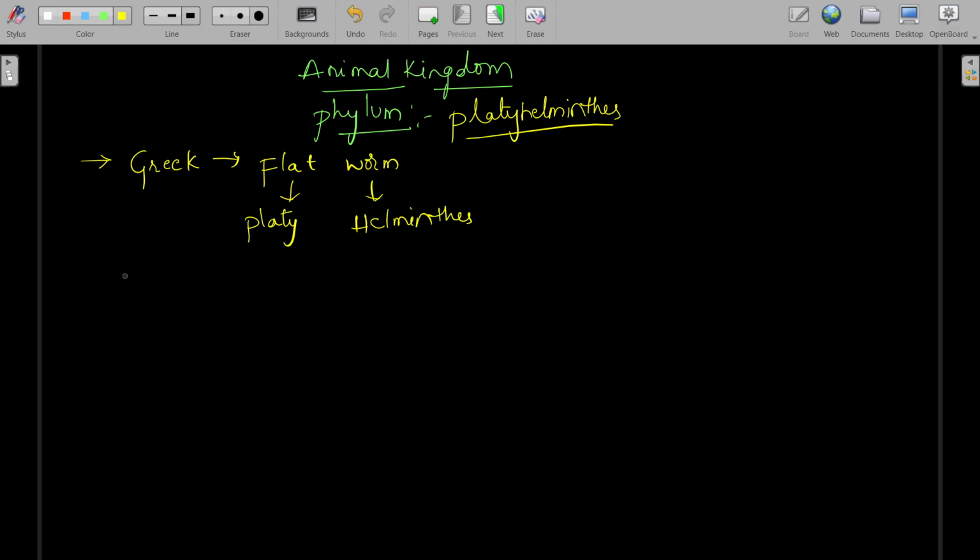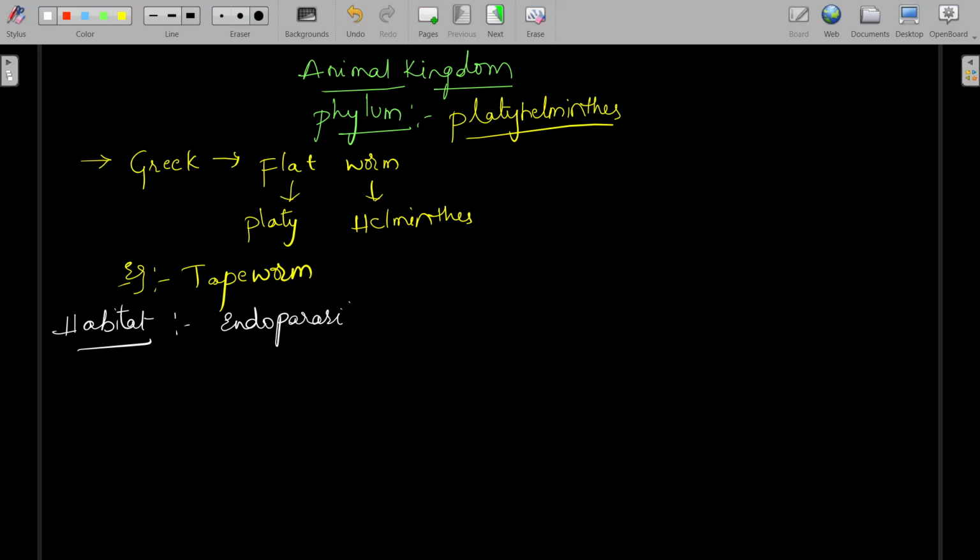An example of these flatworms is the tapeworm. And the habitat of these platyhelminths: these are mostly endoparasites.